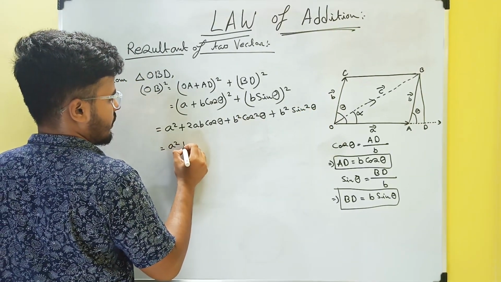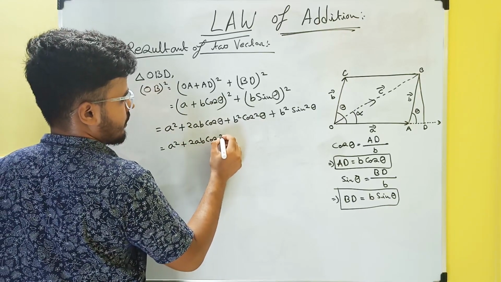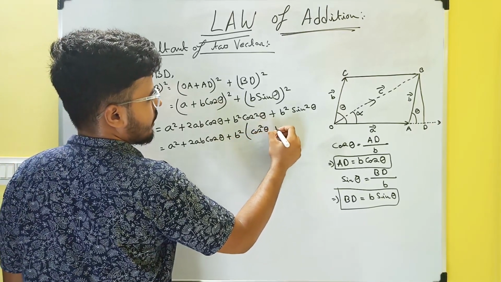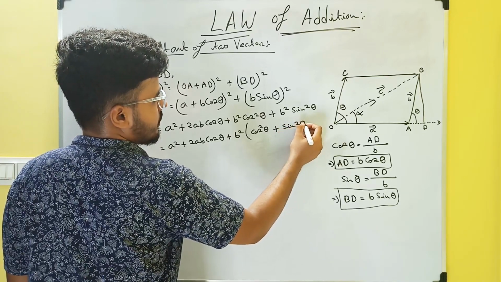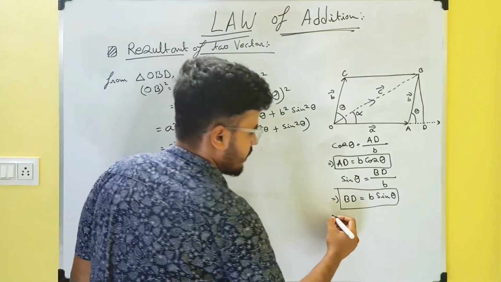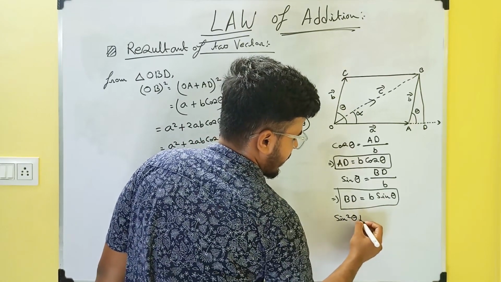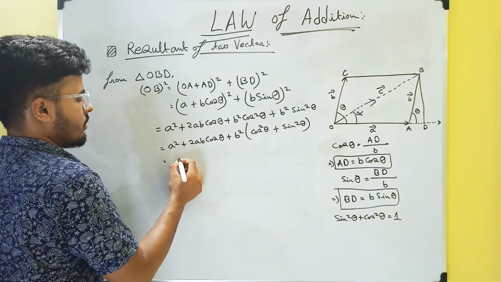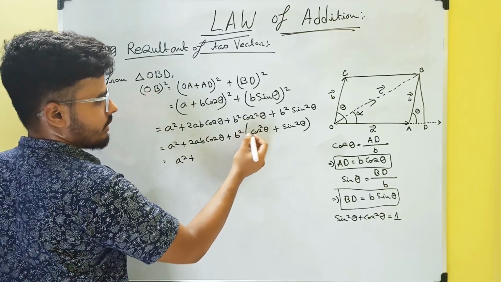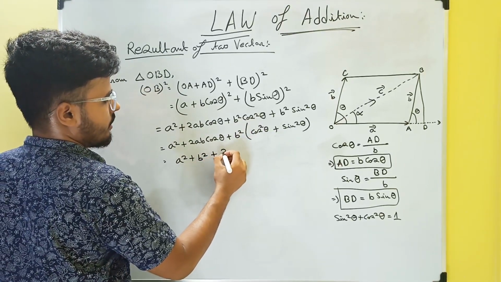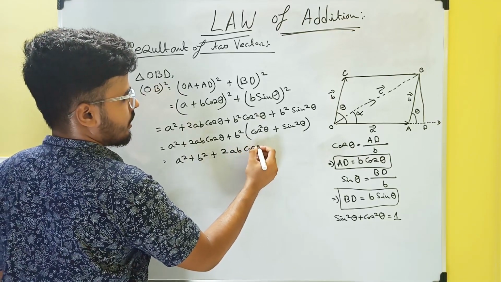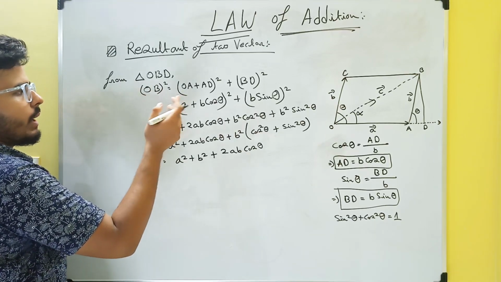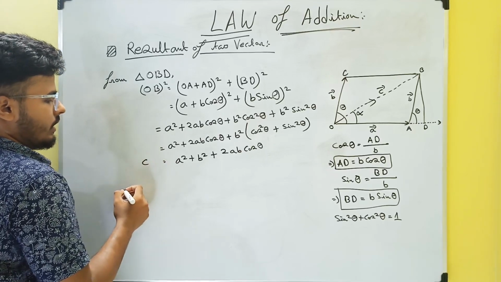If we take B square common, then we have cos square theta plus sin square theta, and we know that sin square theta plus cos square theta equals 1. You know that, right? So A square plus B square into 1, which is B square, plus 2AB cos theta. Now, the magnitude of OB is C, right?